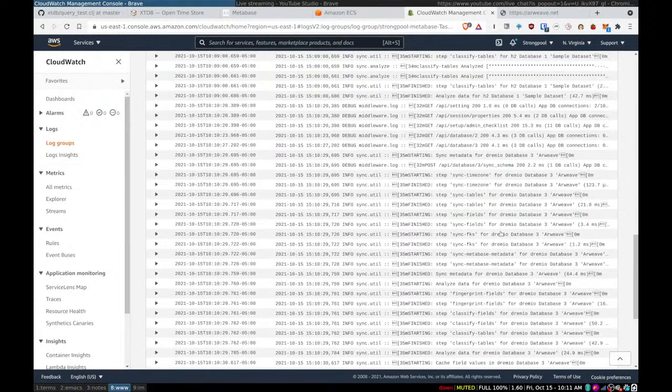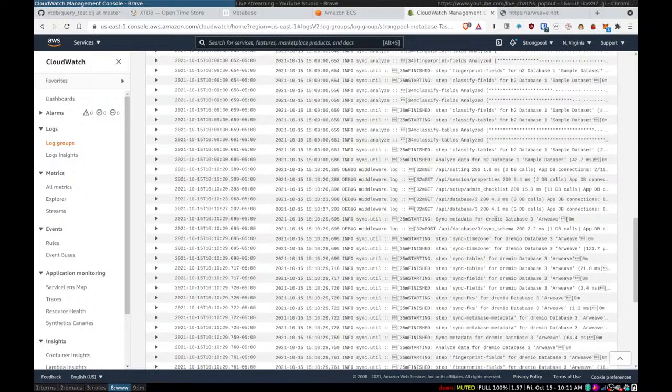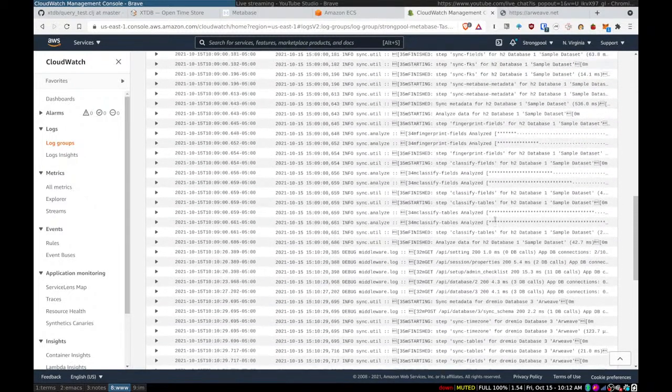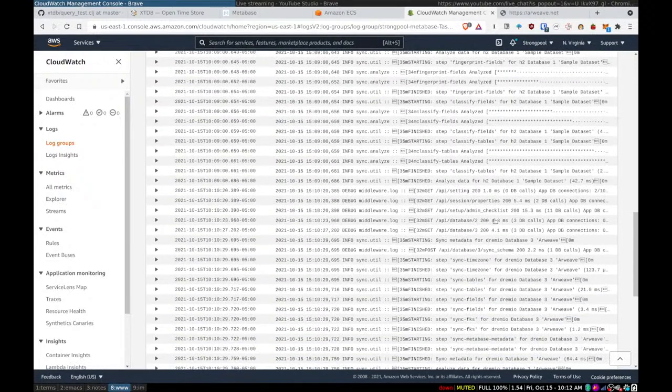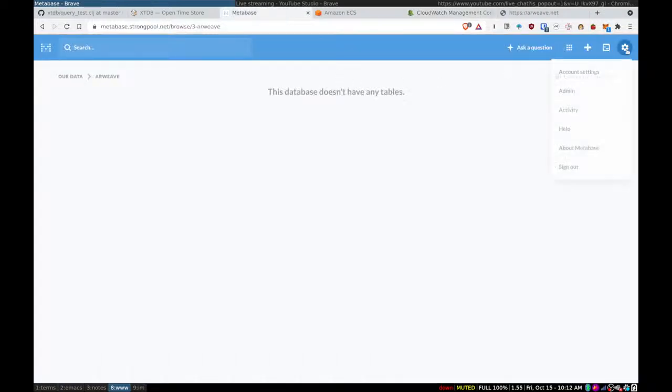Sync tables could be interesting. I wonder if there's actually a way to view these logs in Metabase too.